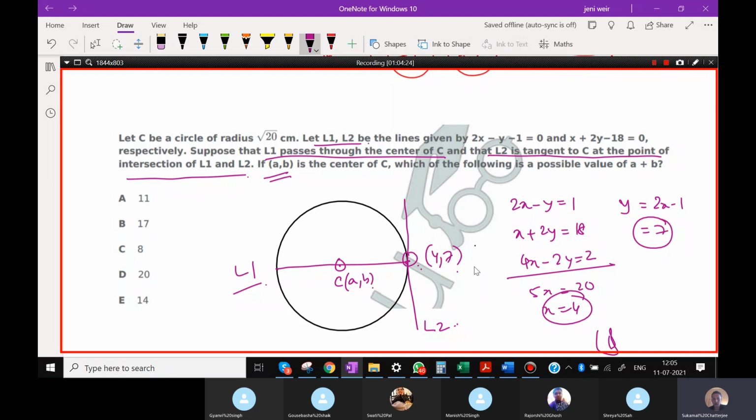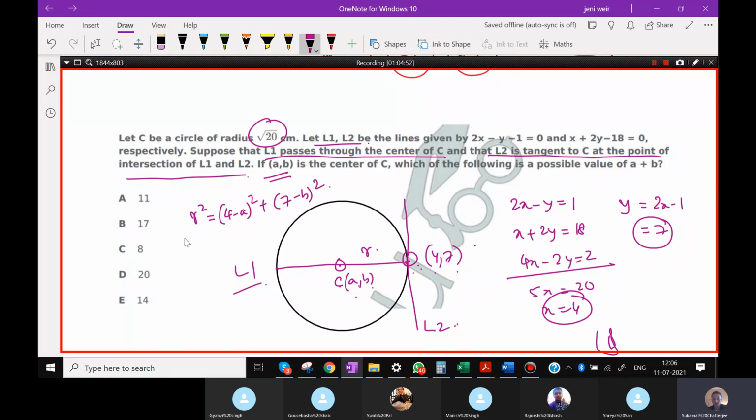And I know that the radius of the circle is given as root 20. So this is my radius. So the square of the radius will be the distance between these two points, which is given by x2 minus x1 whole square plus y2 minus y1 whole square. That is 4 minus a whole square plus 7 minus b whole square.